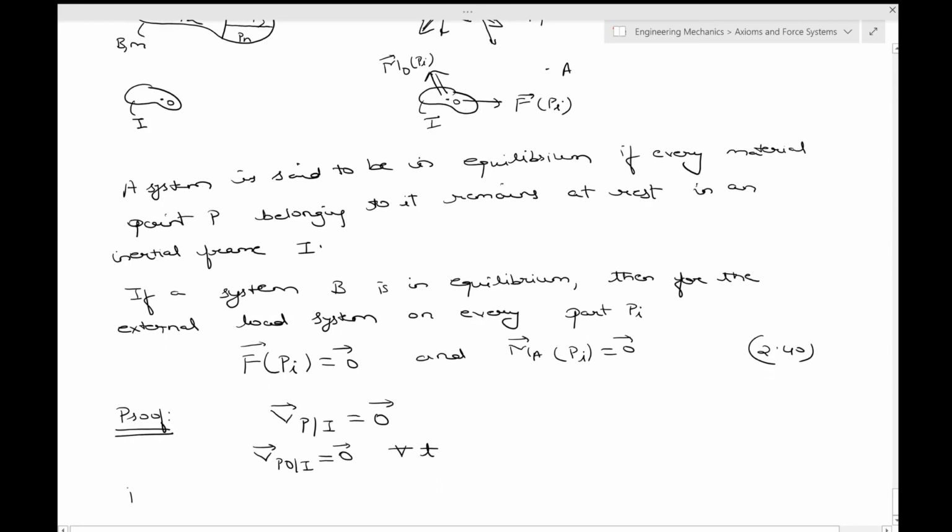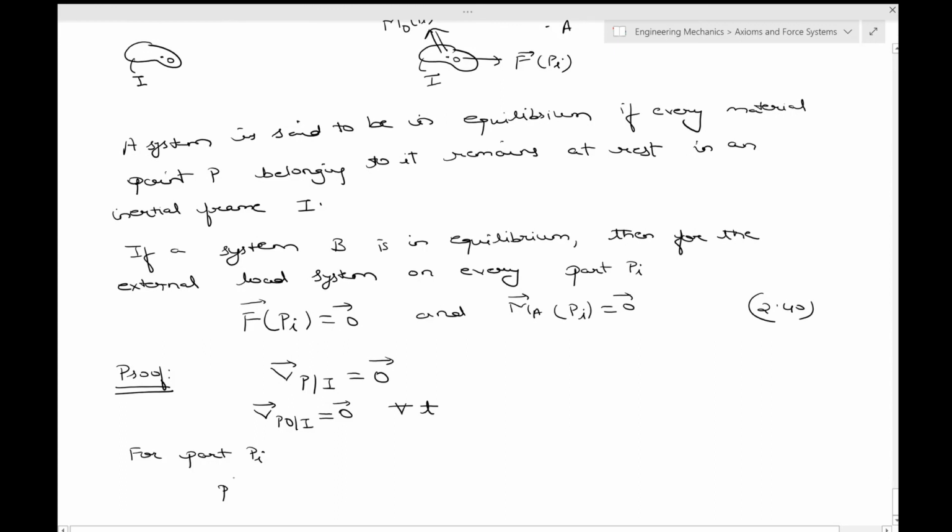Now for part Pi, the momentum, this is the Euler's axiom we are using, would be equal to the integral over Mi of v of P in I dm, and this would be equal to 0 because all the Vp in the I frame is equal to 0, and this is for all time.